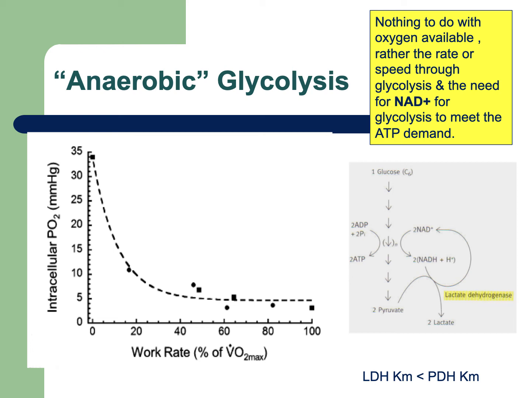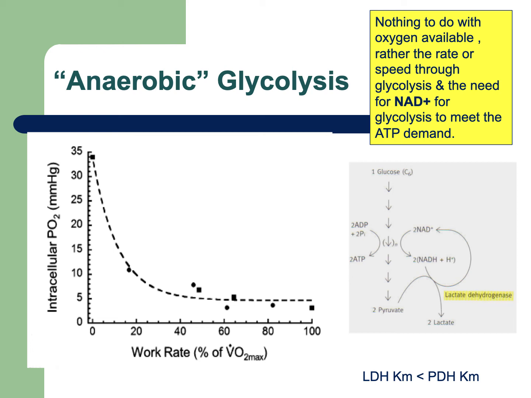Your cell is never fully anaerobic. Instead, it has to do with lactate accumulation and the rate at which we need to produce ATP through glycolysis and the need for NAD for glycolysis to meet the ATP demand. So ultimately, it has nothing to do with oxygen available, rather the rate or speed through glycolysis and the need for NAD for glycolysis to meet the ATP demand causes lactate to accumulate.